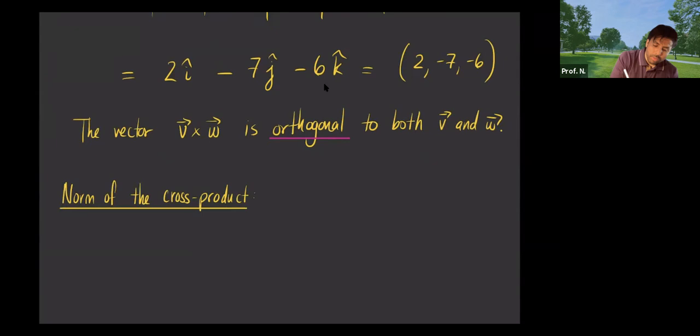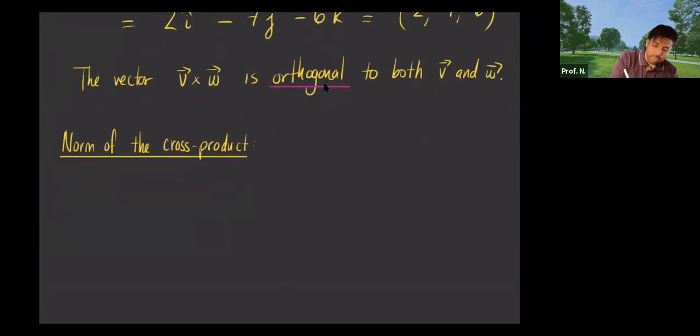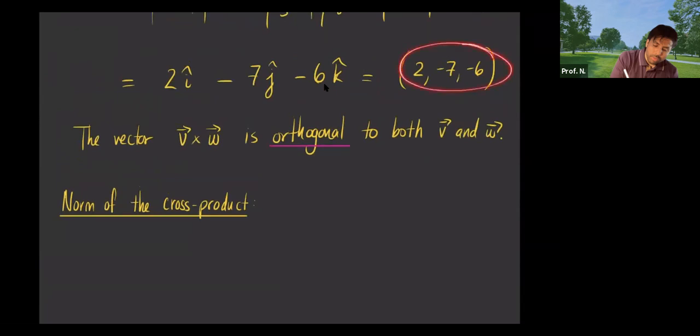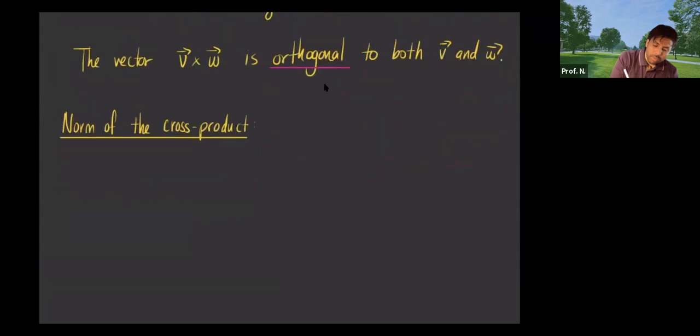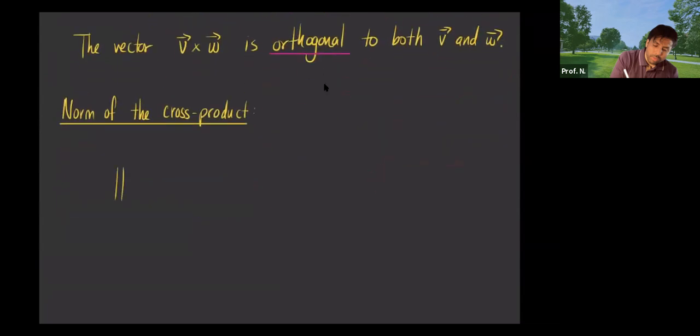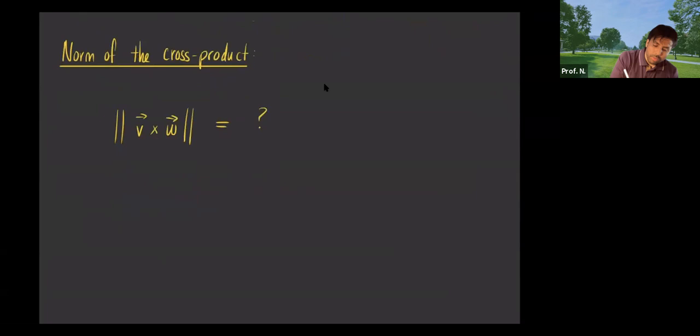Well, you can think of this as finding just the norm of this vector, which would be the square root of the sum of the squares of the components. So I'm interested in the norm of, pardon me, v cross w. I want to know what this equals, or how can I interpret this? There's some relation with sine theta.